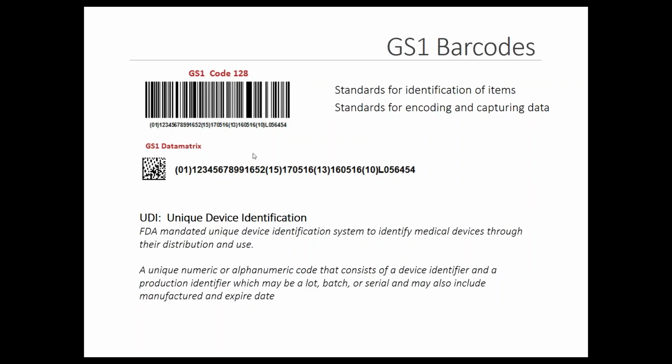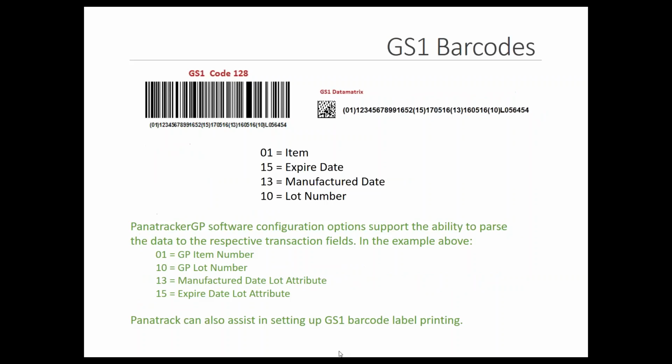With the GS1 barcode, whether it's the Code 128 that we like or the Data Matrix, these are standards. How this works is that there are different pieces of information embedded into a single barcode. In this case, we've got 01, you can see in parentheses, and after that it's going to be your item number.